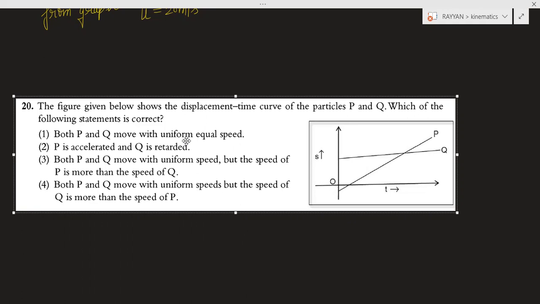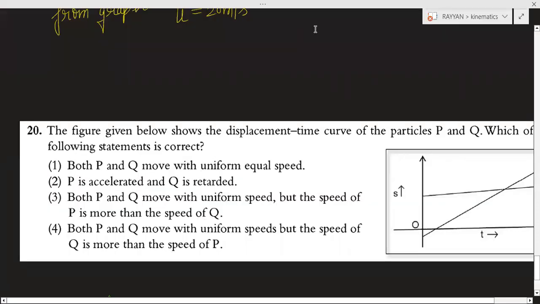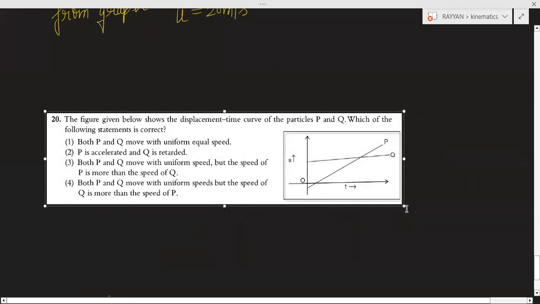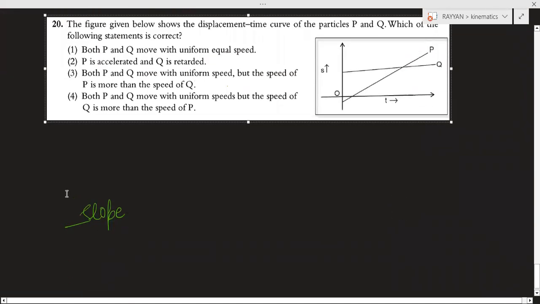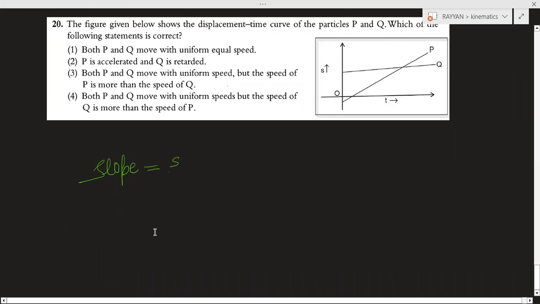Slope of displacement time graph, I told you, is the velocity. Slope of the displacement time graph is displacement divided by time.